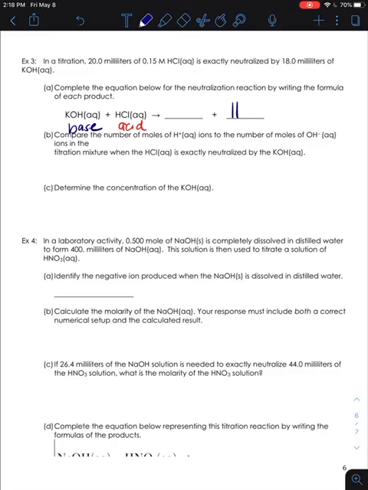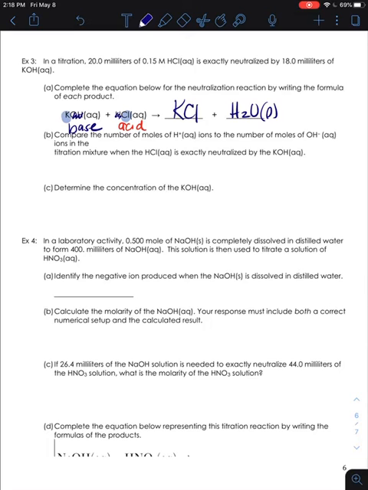We know that it's going to make water, and it's going to make some type of salt. So this is already taken, and what's left is the K and the Cl. Let's look at it across, looks pretty balanced to me.